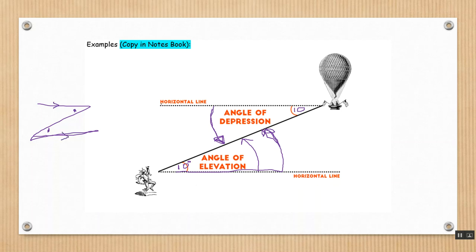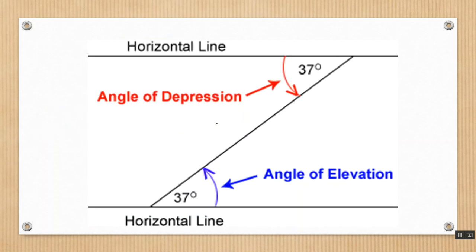And because this is the horizontal, what we call the horizon, or parallel to it, these are both horizontal. The angle of depression will equal the angle of elevation. So you can see here, if this one's 37, this one's 37, because these two lines are parallel.